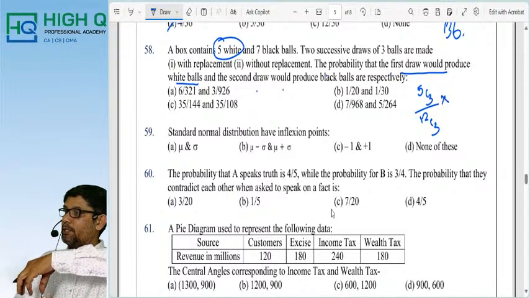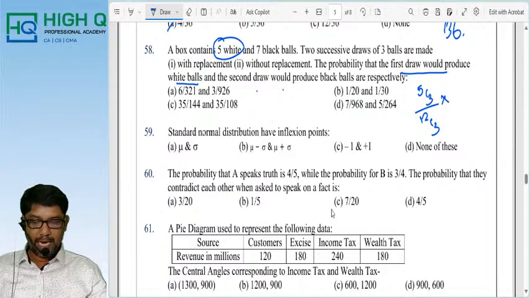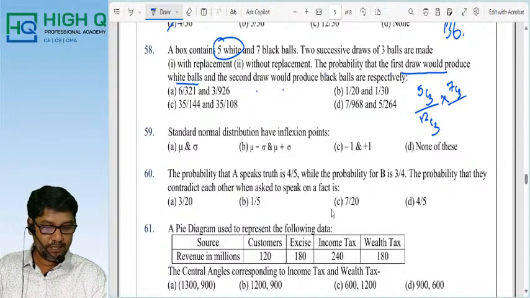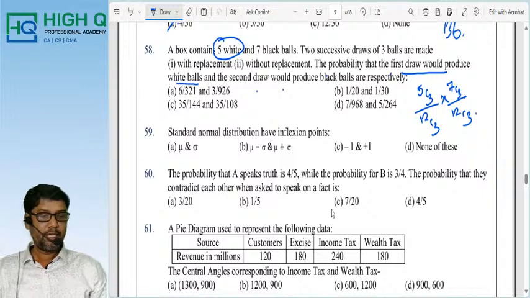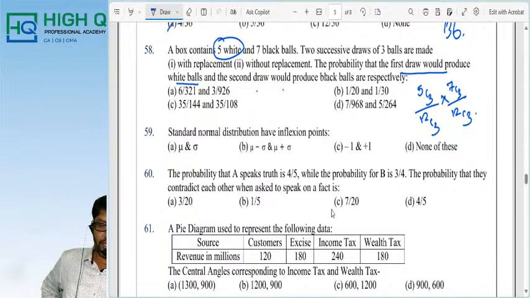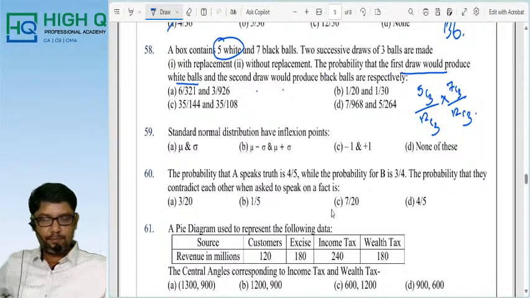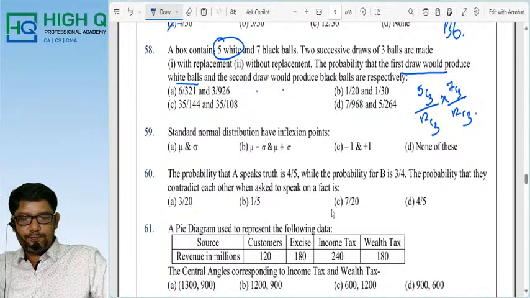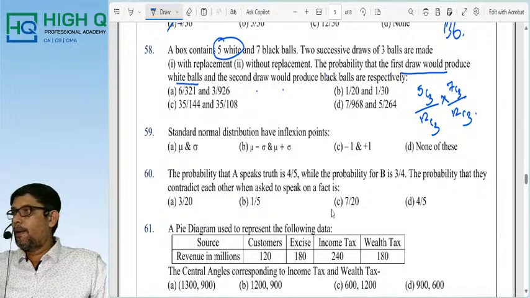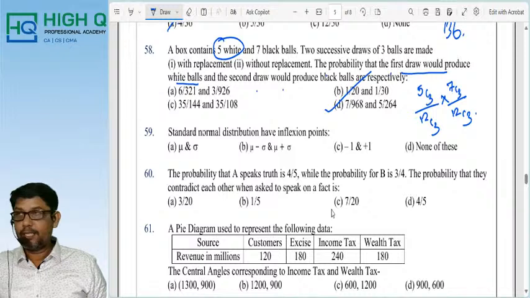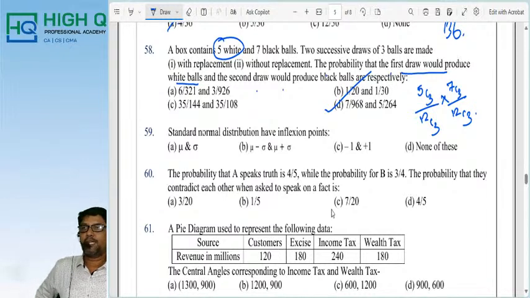Second draw would produce black balls. So what will come? 7C3 by 12C3. Can you please try to simplify and get the answer, my dear? I am getting 7 by 968. So only one option has got 7 by 968. Therefore, I will mark option D directly.